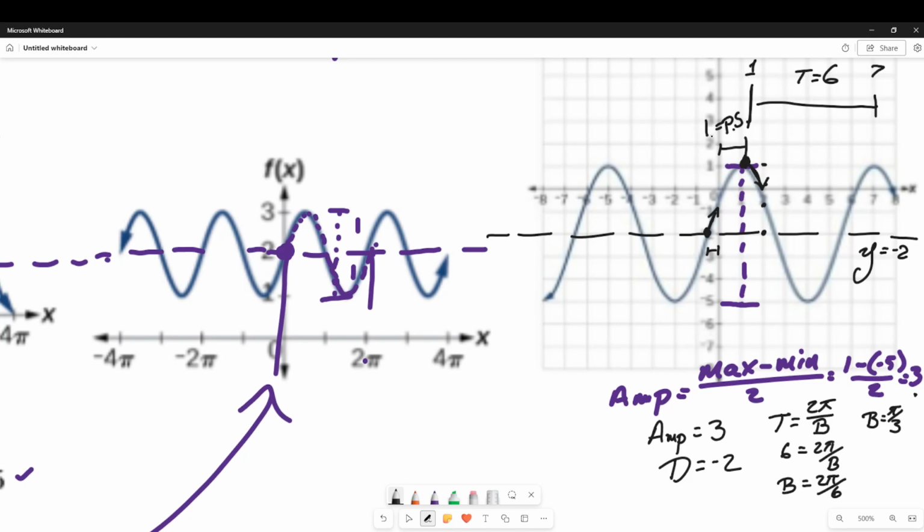Because right now we've got 3 times the cosine of our compression factor, the pi over 3x, and then there's going to be some c value for our phase shift, and then -2 for our midline.